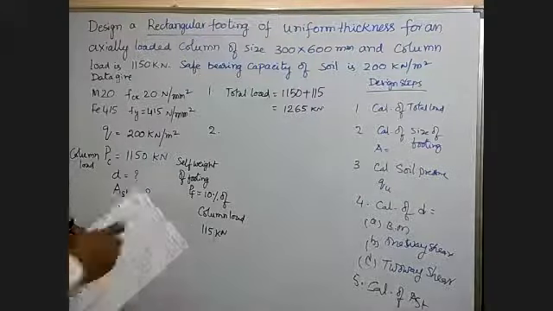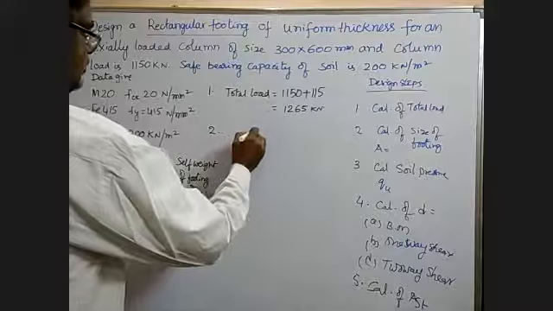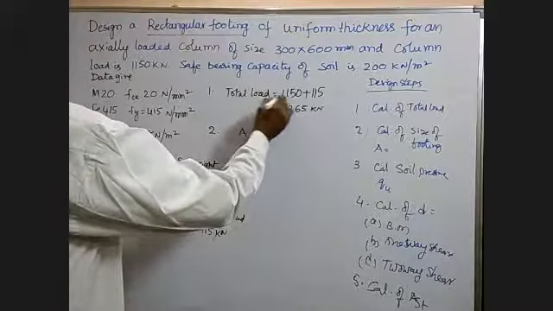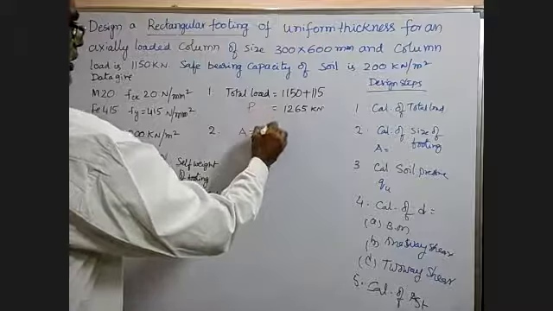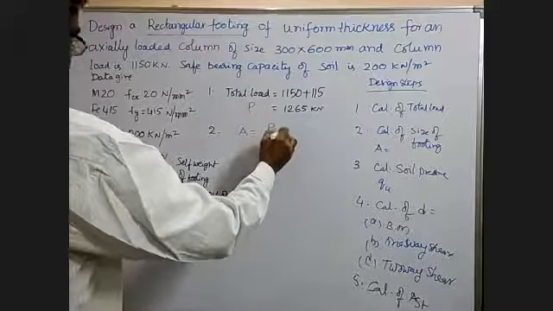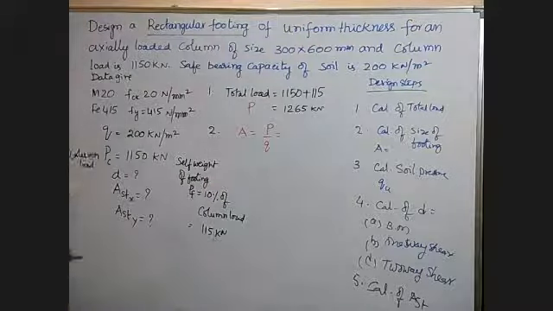So the formula: area A is equal to total load P divided by Q. Q is given as 200 kilonewtons per meter square.